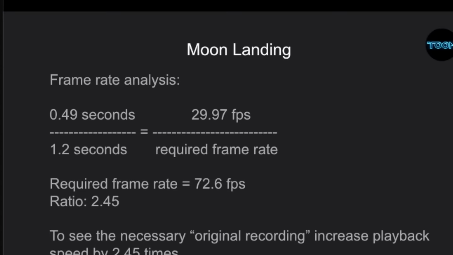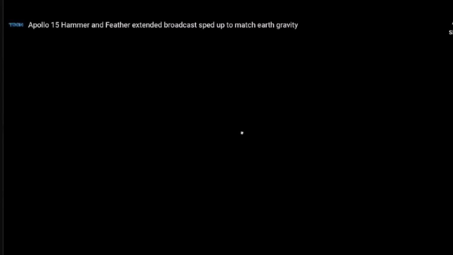This is the slowed down footage. This is what it would have to look like when they filmed it for real. Watch them popping around. It's not normal movement.